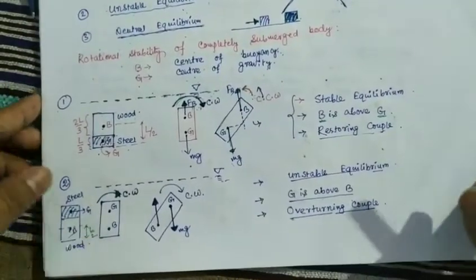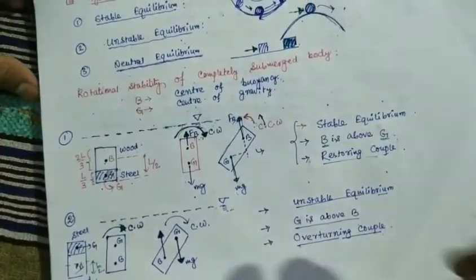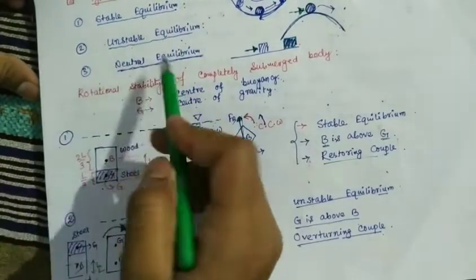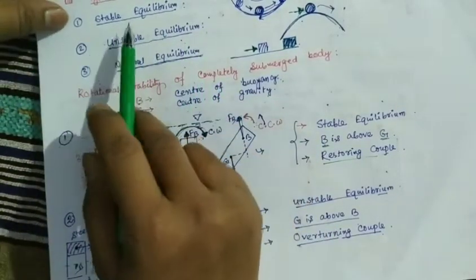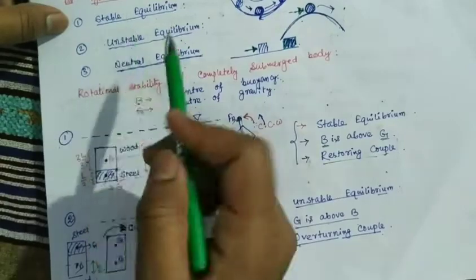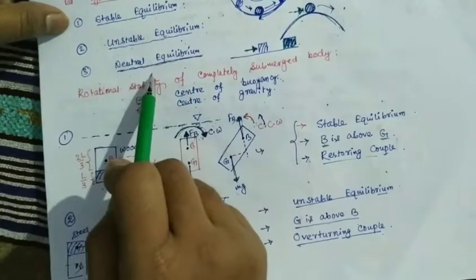Again, as a revision, the types of equilibrium which I have told are stable equilibrium, unstable equilibrium and neutral equilibrium.